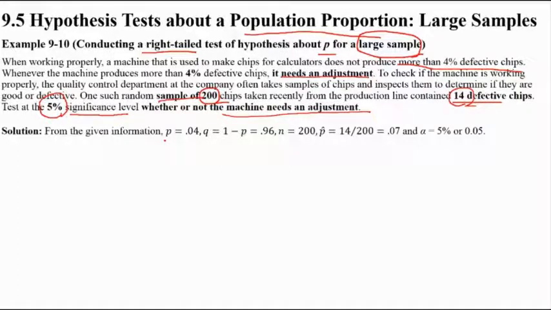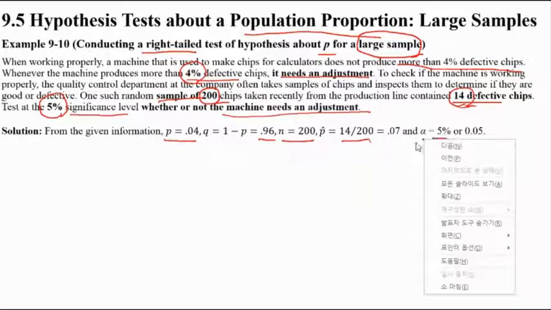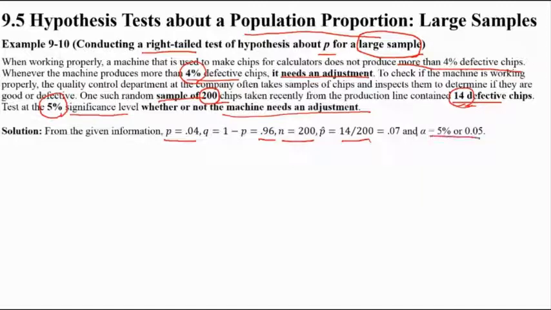The population proportion P is 4%, because 4% are defective chips. And Q, 1 minus P, is 96%, 0.96. The sample size is 200, and P hat, the sample proportion, is 14 out of 200. The significance level is 5%. So what is P?